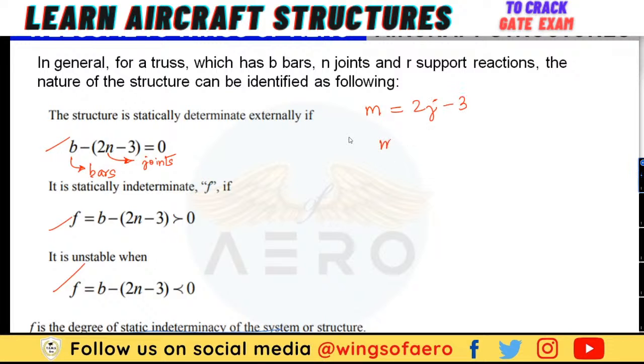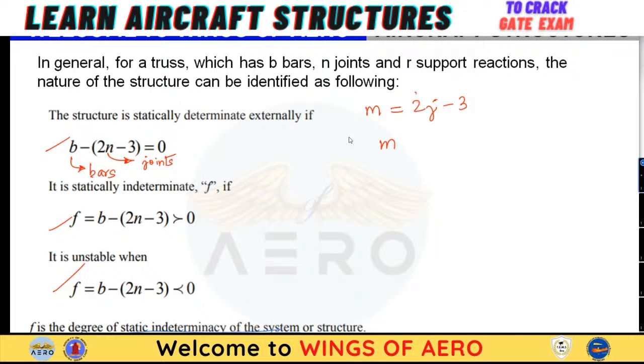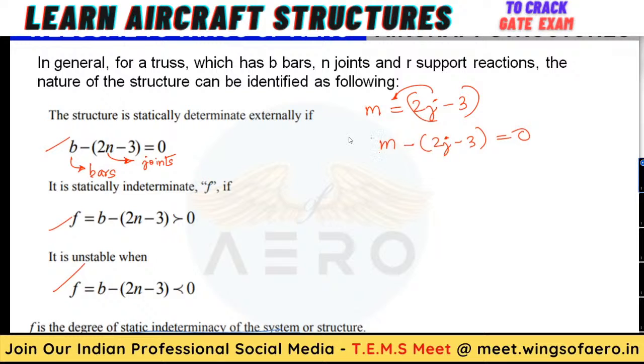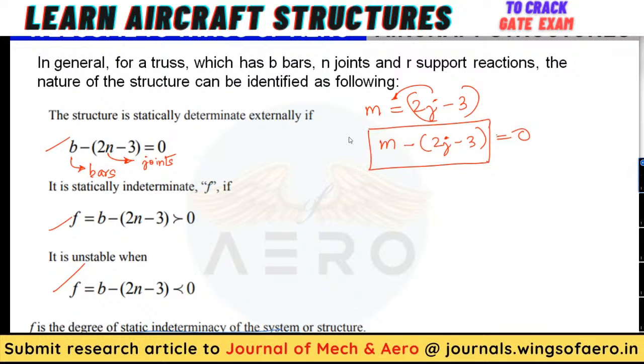So what is m? Number of members. I'm just taking this term to the left hand side. So m minus (2j minus 3) equals 0, and this condition is satisfied when the structure is completely perfect.